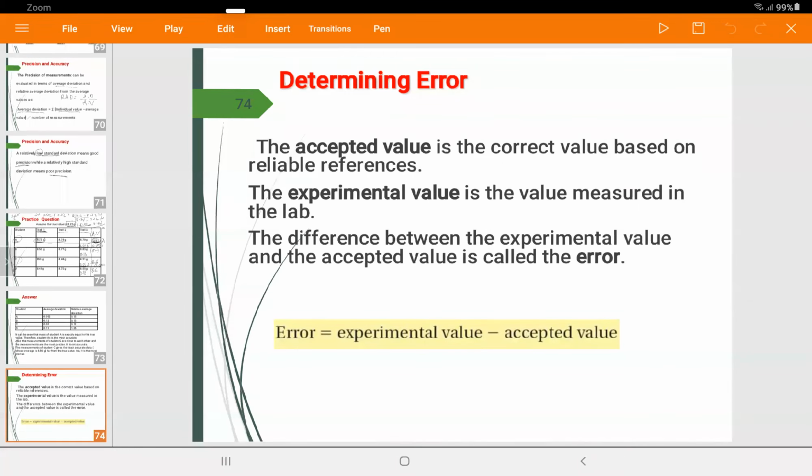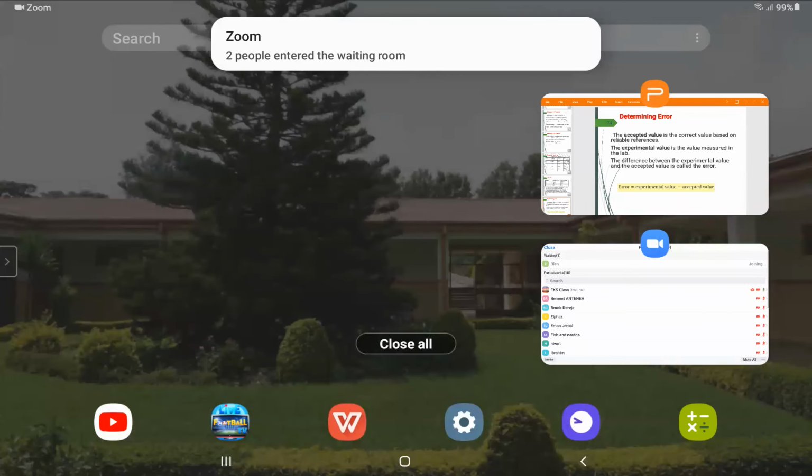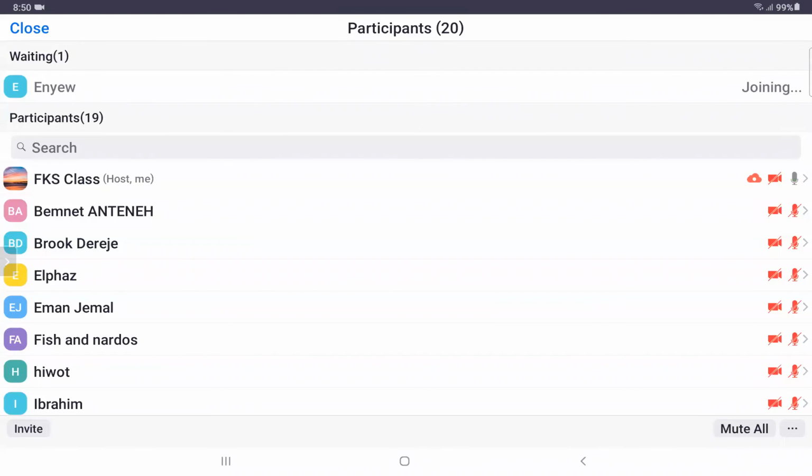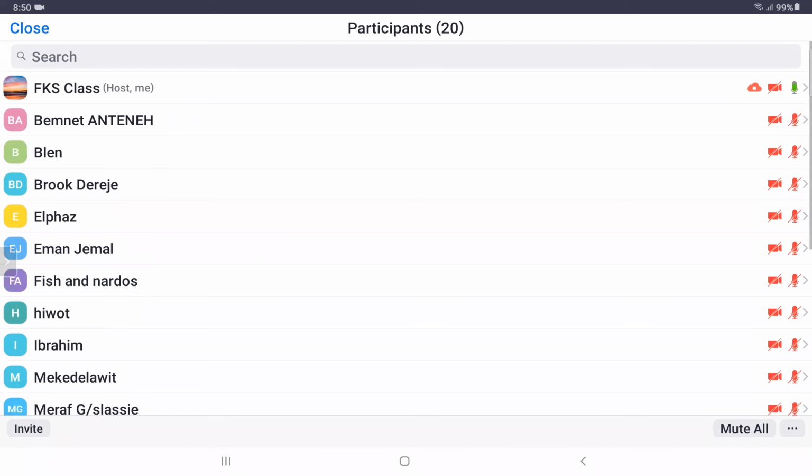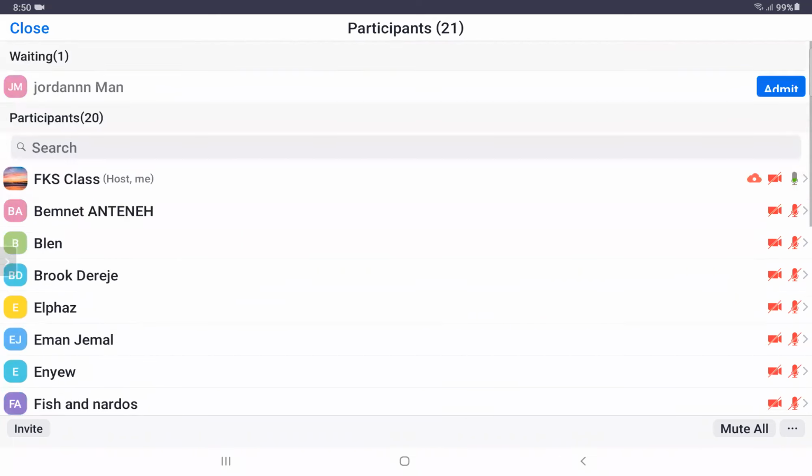Also, remember that a low standard deviation or average deviation indicates that the measured values are precise, whereas a high standard deviation or average deviation indicates that the measured values are less precise.